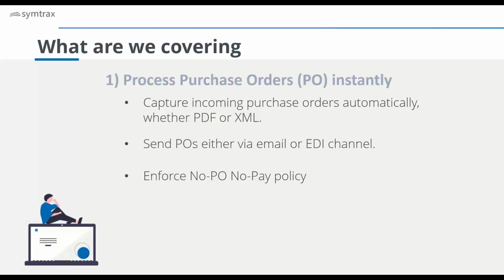So it's a no PO, no pay policy, which is quite common across most businesses. And what we're going to do is make sure that your SO details are populated with the correct purchase order details.